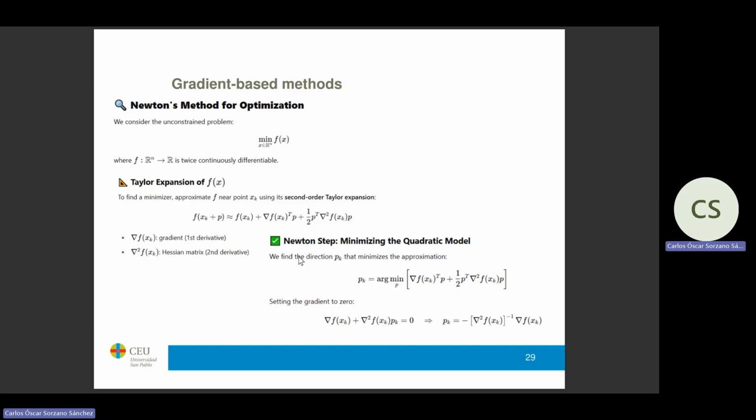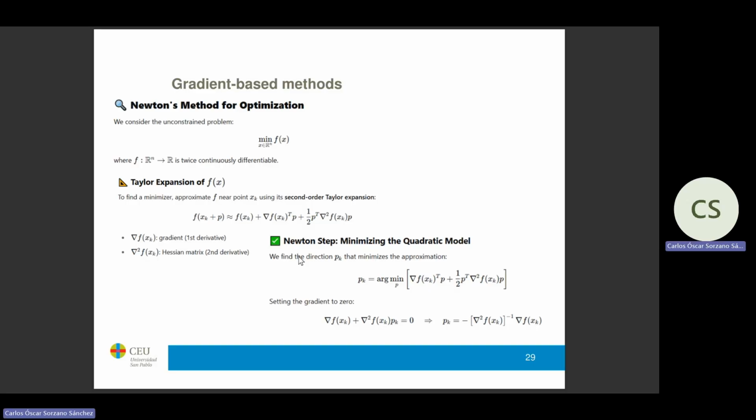So if you have a point xk, and xk plus a perturbation, and this perturbation is small, then if you want to expand the function around that point, that will be the function at xk plus something that depends on the perturbation size and the gradient. And the gradient descent would stop there. So all the methods we have seen are based on a linear approximation of the function.